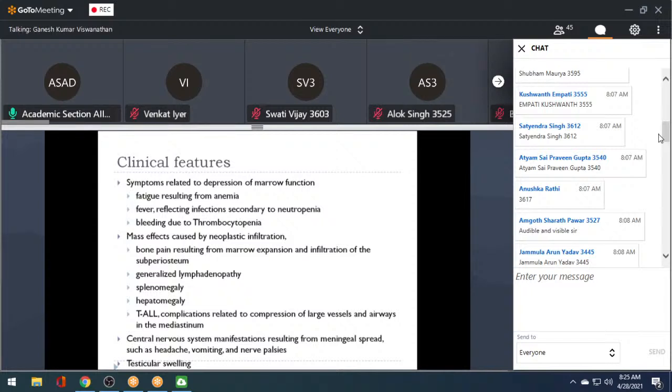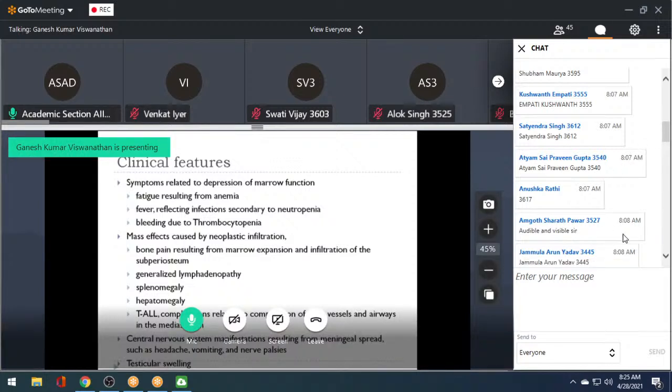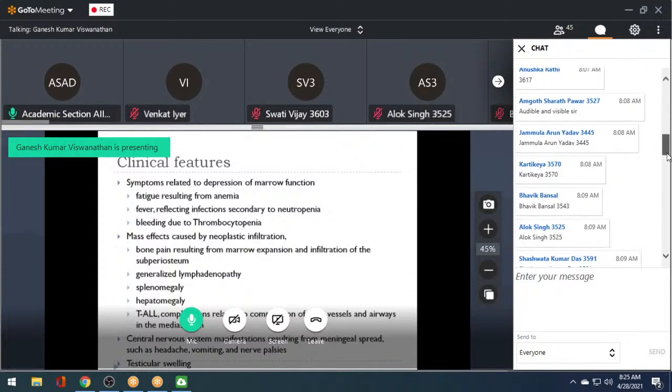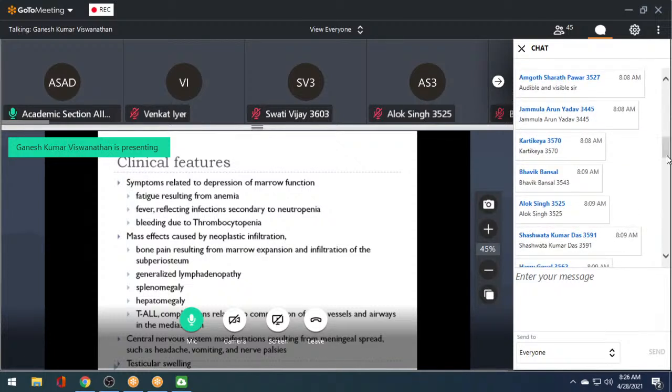So how do these patients, the acute leukemia patients, present in the clinic? Meaning, what are the symptoms they have that bring them to the doctor? The symptoms are basically the result of the underlying pathogenesis associated with these leukemias. So what happens in leukemia? The basic pathogenesis is that the cells proliferate.